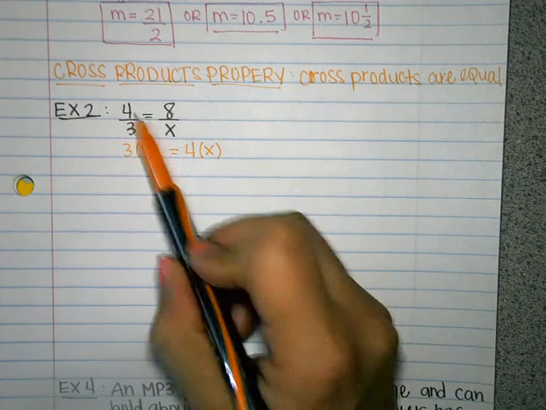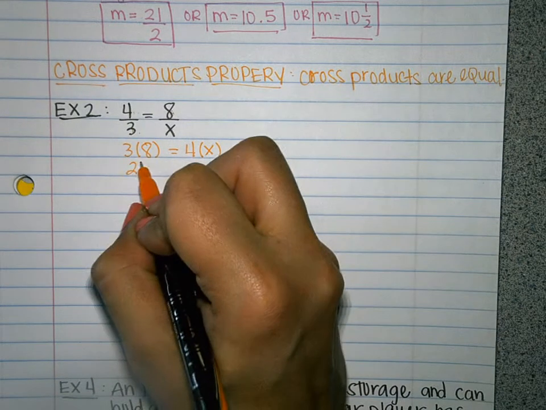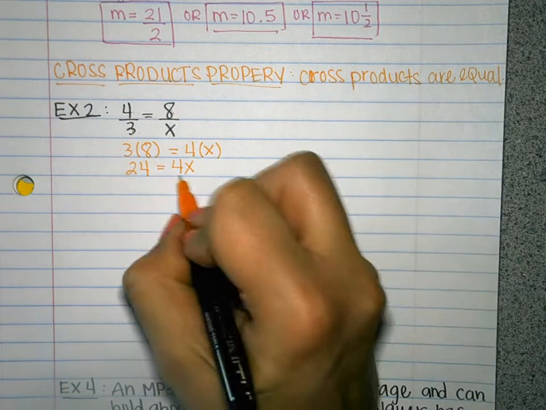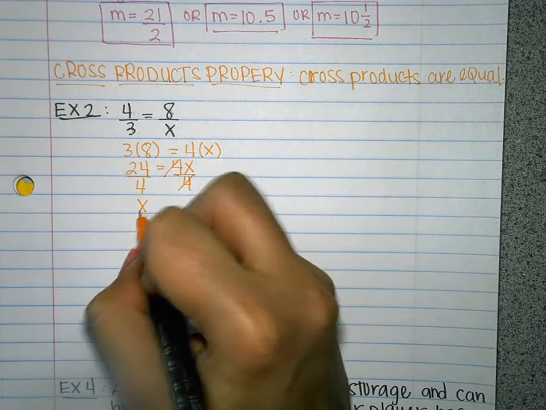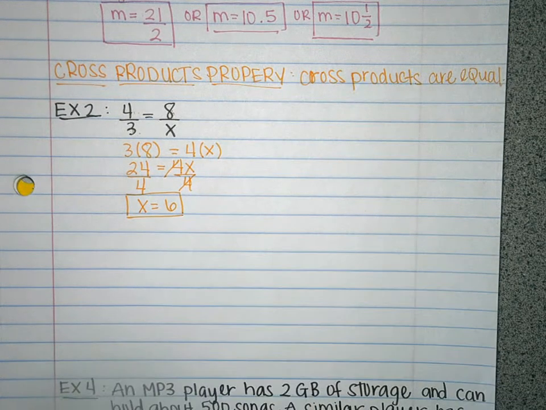So we're cross multiplying or doing cross products. 3 times 8 gives me 24 equals 4x, and then we can divide both sides by 4. And that gives me x equals 6. So there's actually two methods we can use to solve for these proportions.